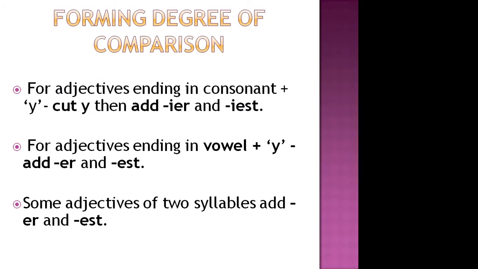Forming degree of comparison. For adjectives ending in a consonant and y, we need to cut the y and add IER for comparative and IEST for the superlative degree. Now, consonants are equivalent to vyanjans of Hindi.